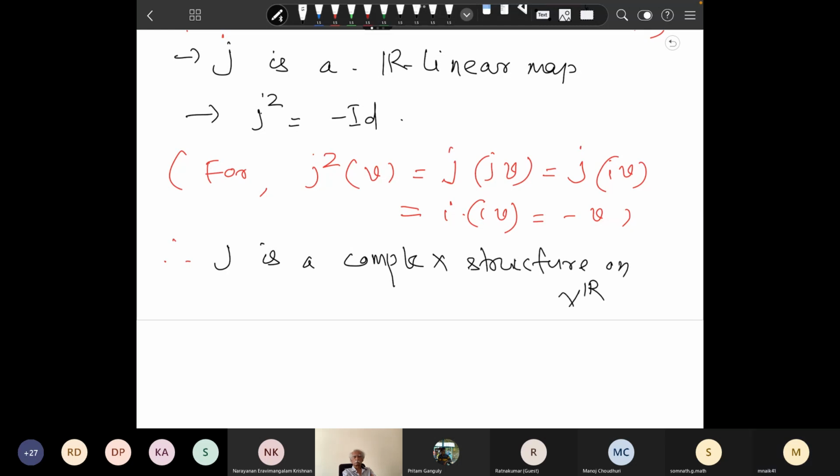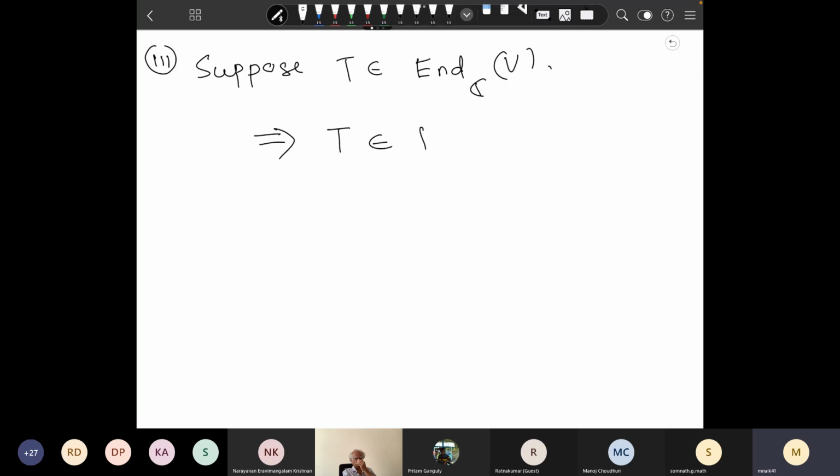Okay. Now second thing, suppose T is a complex linear map on the vector space V. This implies T is certainly a real linear map on V^R.